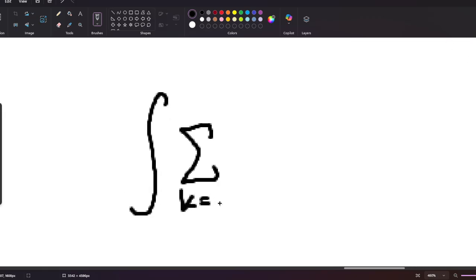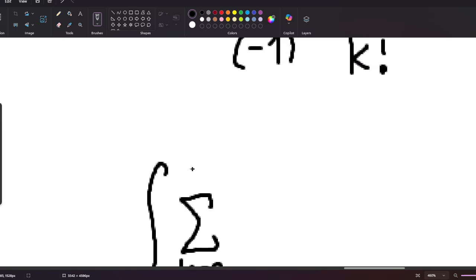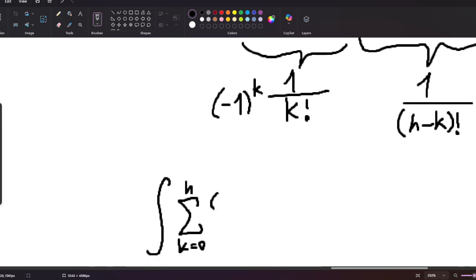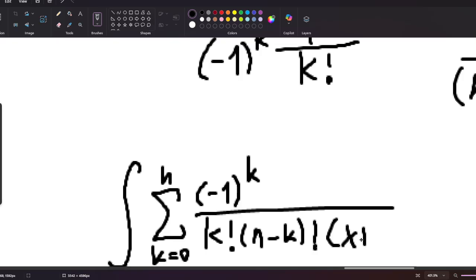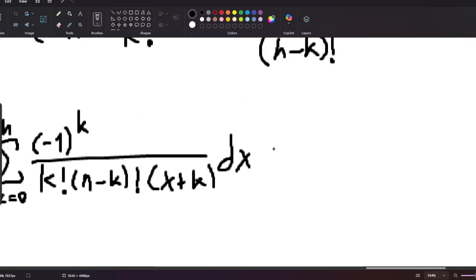So we have the integral of the sum from k equals 0 to n of negative 1 to the power of k over k factorial times (n minus k) factorial times (x plus k) dx, and we can finally integrate it.